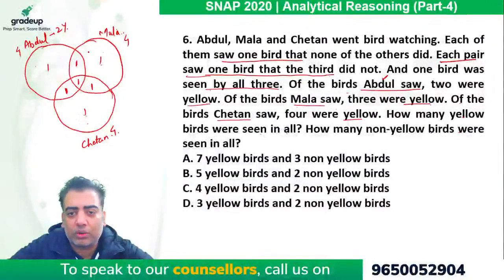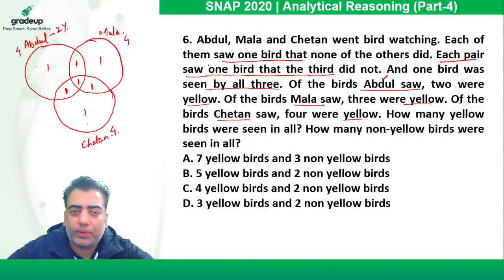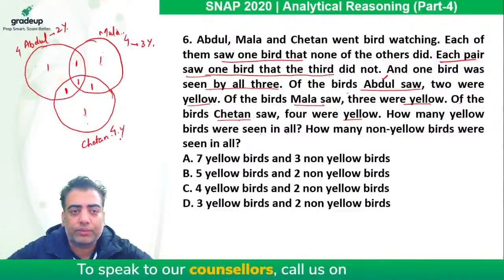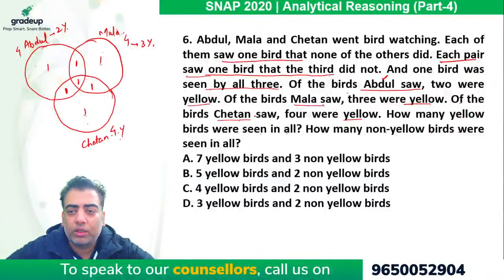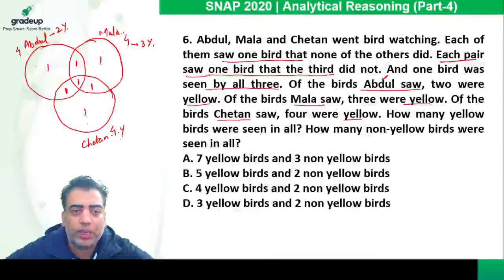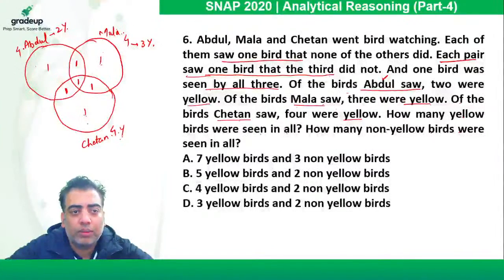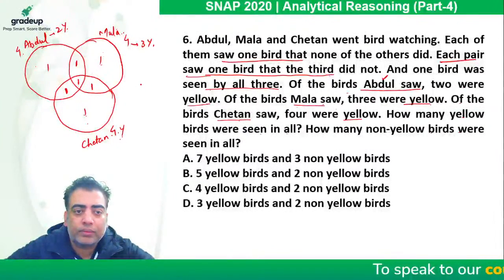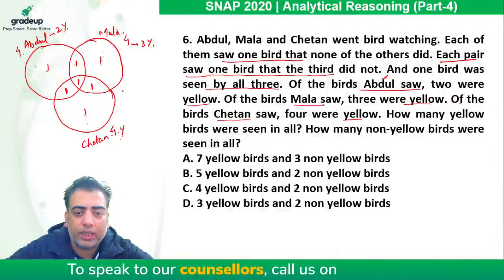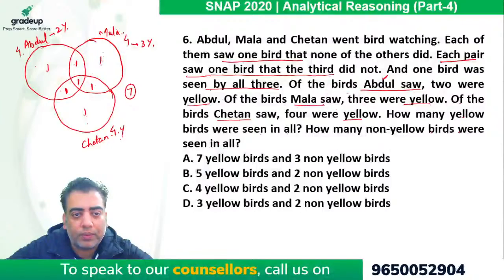Right. So let's just count the yellow ones. Of the birds Mala saw, 3 were yellow. So out of 4, 3 are yellow. And out of the birds Chetan saw, 4 were yellow. Right. So in the question he is asking how many birds were seen in all. So the total number of birds comes out to be 4 plus 4 plus 4, which are not 4, 4, 4, but 1, 2, 3, 4, 5, 6, 7 are the total number of birds.